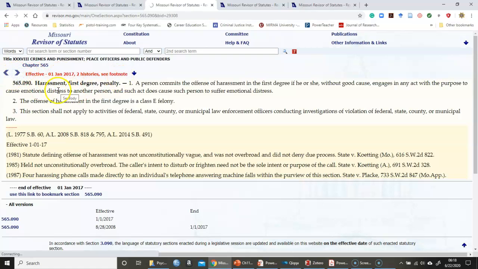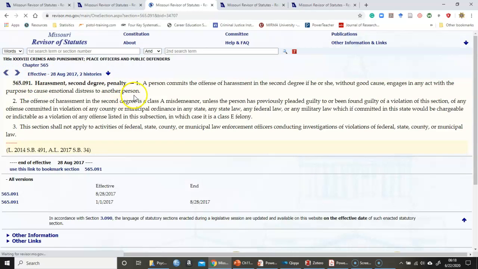Second degree, when we look at harassment, basically it does cause emotional distress, but just the attempt of it can actually get that second degree charge. Now, you have to look up what emotional distress is, and it's pretty specific when we look that up.